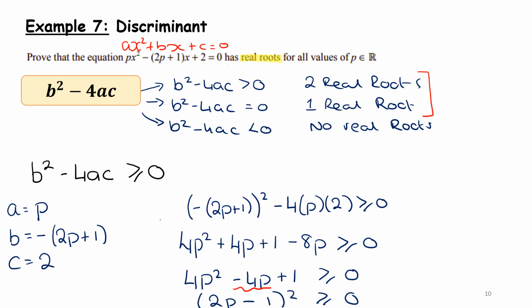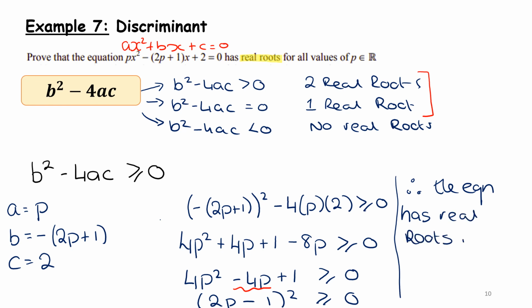And that is true, and we just need to finish with our statement. Now, we're not going to go back to our initial statement this time. We're going to say, therefore, the equation has real roots since any real number squared is greater than or equal to 0.